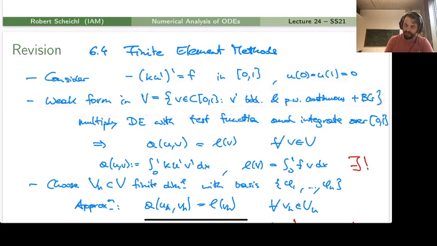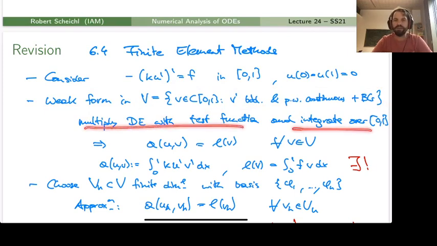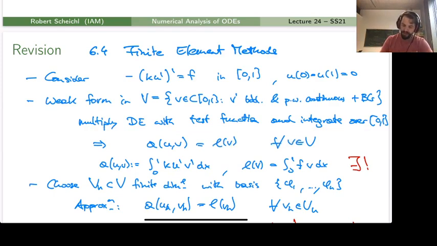And this can be done by multiplying the differential equation with a test function, integrating over (0, 1), and then using integration by parts. So we got the weak form, which is given here, with the particular bilinear form A(u, v) and L(v) given here, and proved existence and uniqueness of solutions of such a problem.